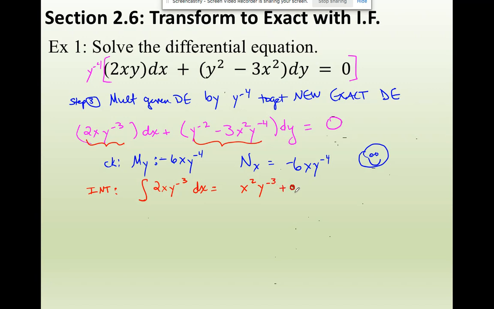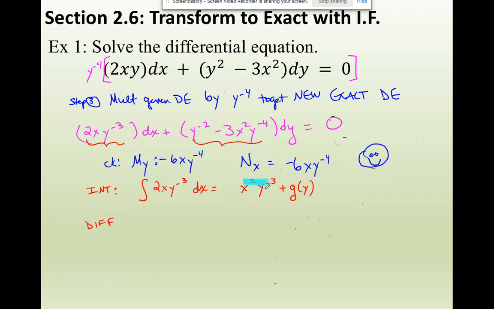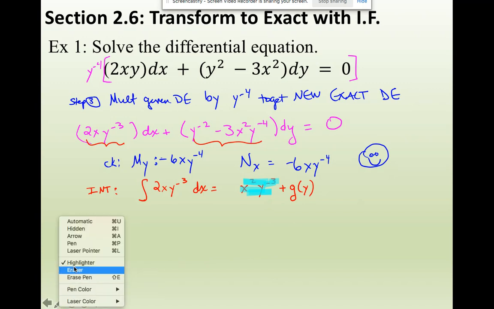Don't forget that you might have had a function only in terms of y that zeroed out. Now I'm going to differentiate because I'm most of the way there to my solution, right? That's part of the solution right there. I just need to go after g of y.